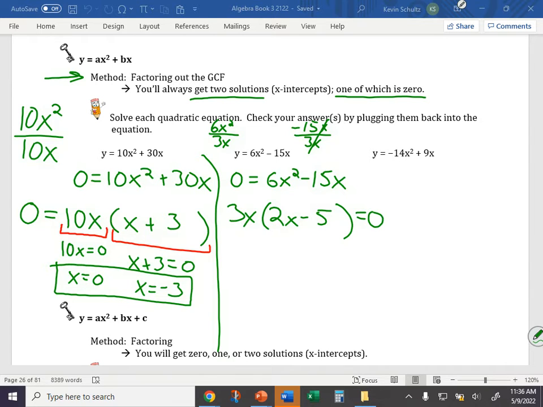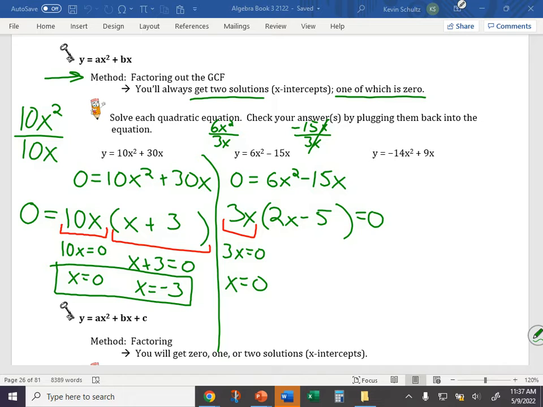So just like before, we're looking for what value for x makes each expression equal to 0. What value for x makes 3x equal to 0? Everybody, in unison, what's the freebie? 0. 0, right? That will always be your answer for the greatest common factor that you pull out of there, 0.